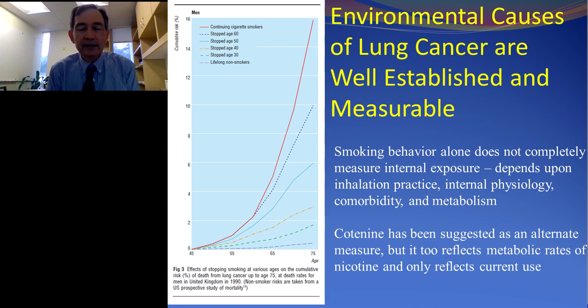So it's not like cardiovascular disease where risk goes back to normal. Your risk always stays elevated, but it just parallels where it was at the point at which you quit.